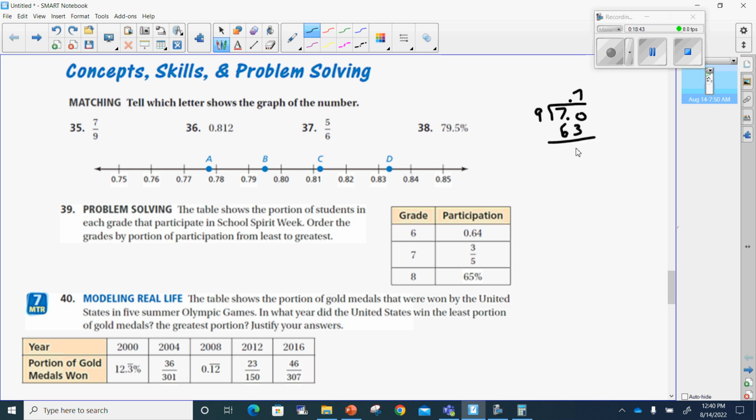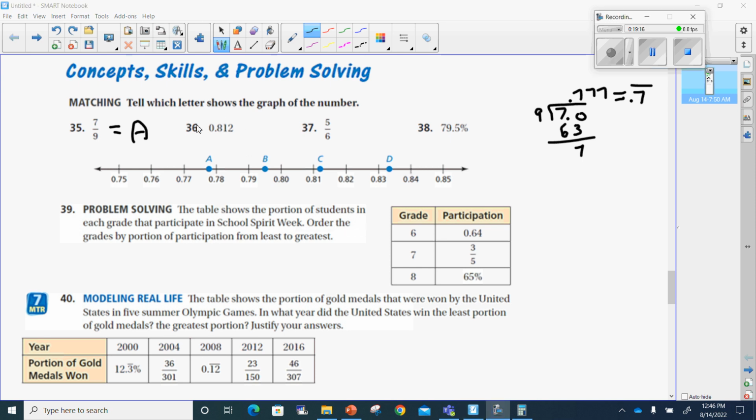And unfortunately, that leaves us with 7 again. So that's going to mean that this is going to repeat. I'm going to constantly get a 7 up here. So this would be 0.7 repeating. So 0.7 repeating has to be right over here between 0.77 and 0.78. So I would say this equals A. All right, I'm going to let you do the other 4 on that, and we're going to move on.